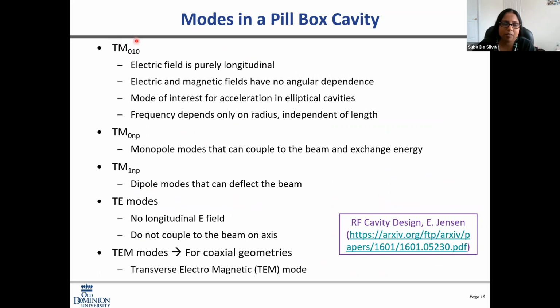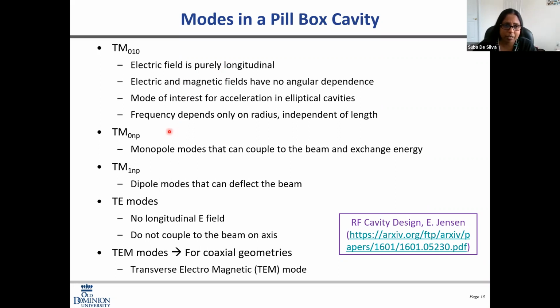So the TM010 is the mode used for accelerating in elliptical cavities. It has a purely longitudinal electric field that transfers energy to the beam in accelerating the particle. And these electric and magnetic fields have no angular dependence. So this is, as I said, the mode of preference in elliptical cavities.